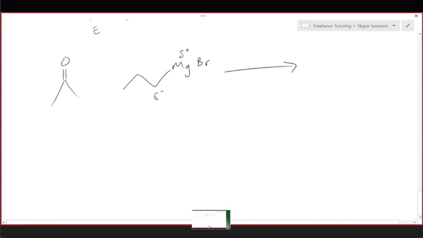Okay. Good. Now, one tricky thing here, we're not allowed to put tails on delta negatives.